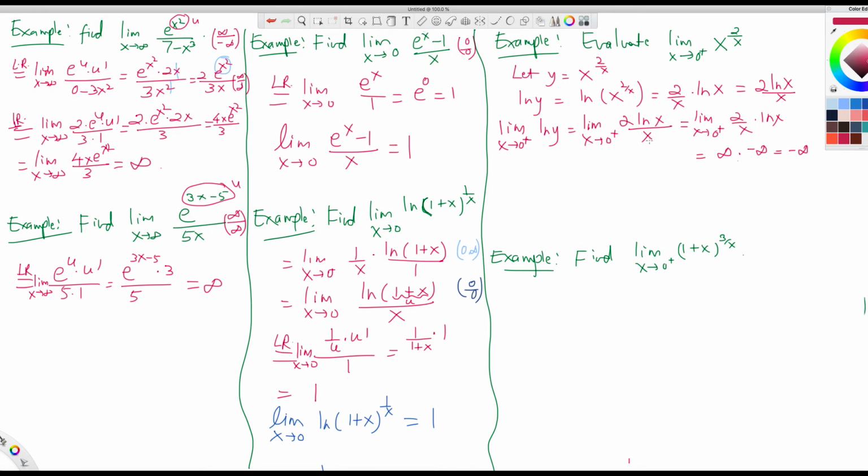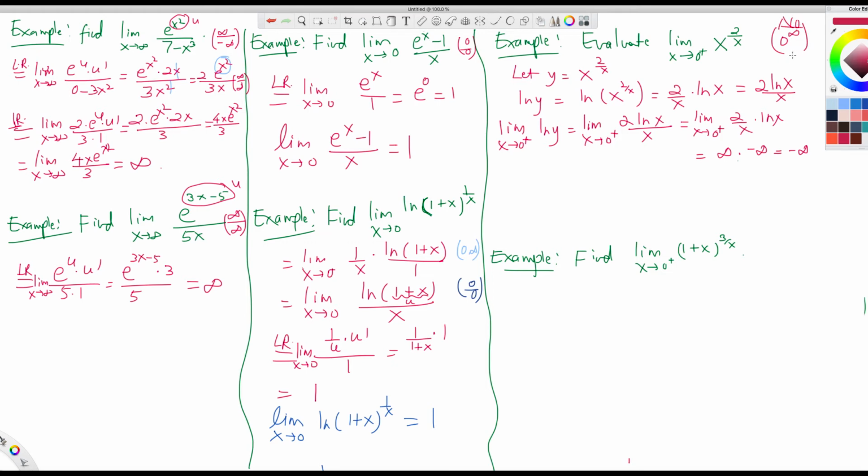So you cannot use L'Hopital's rule here, because it is not in the form of 0 over 0 or infinity over infinity. If you plug in here, what do you get? Basically you get 0 to the infinity. 0 to the infinity is not an indeterminate form.